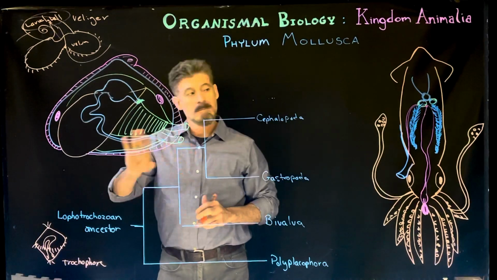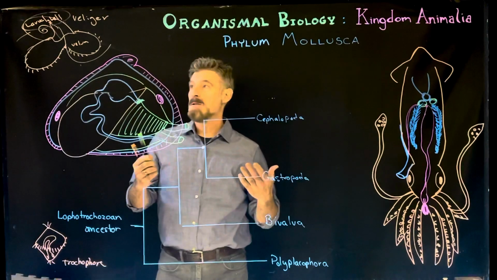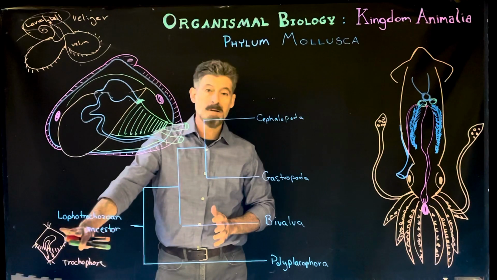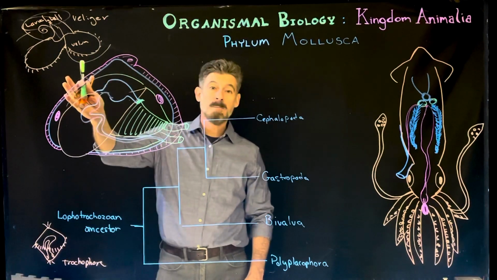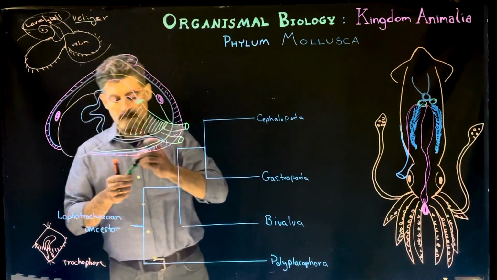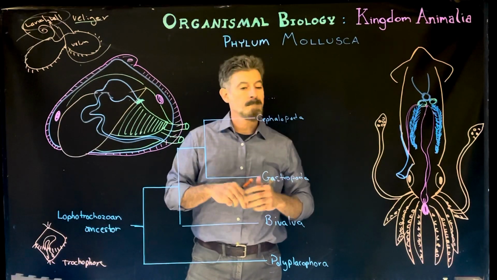So not really going into all the different aspects of development with the different groups, but that's just something that the ancestors have, the trochophore larvae, that many of them have, but not all. And then something unique to the group in terms of larval development is this veliger. So it's a really key, unique to mollusks type structure.